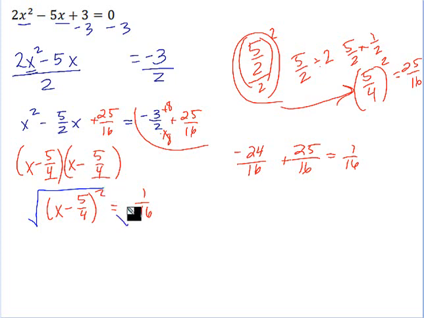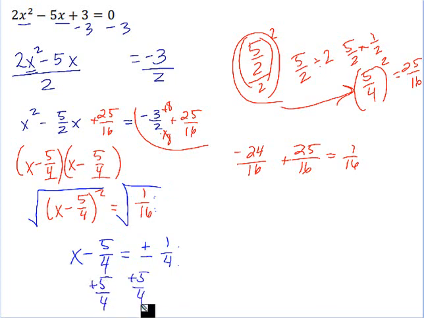Now from here, we could use the square root property and take the square root of both sides, which leaves us with x minus 5/4 is equal to plus or minus the square root of 1/16, which would be 1/4, because the square root of 1 is 1, square root of 16 is 4. And then to get the x alone, I would add 5/4 to both sides. So my x is 5/4 plus or minus 1/4.